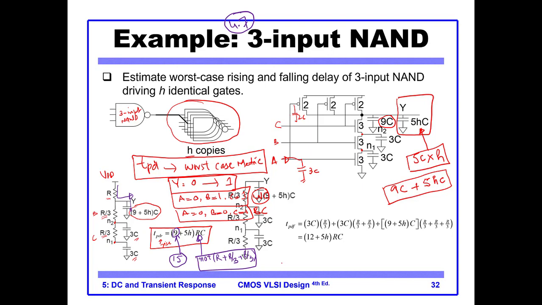So the original Elmore model was something like this. You have a source, then a resistance R1, then C1, then a resistance R2, then C2, and from here you have the output. So this was the model. But this circuit is different.